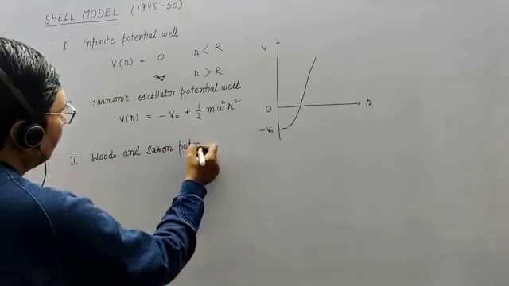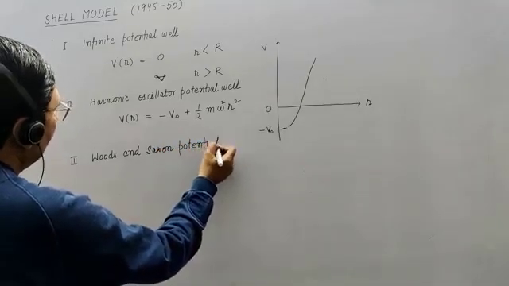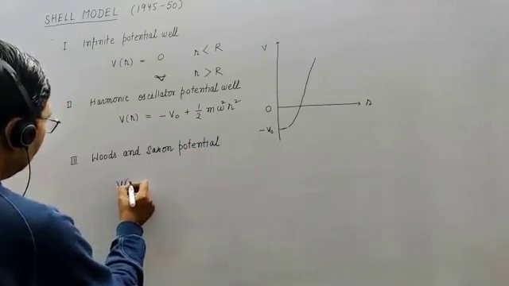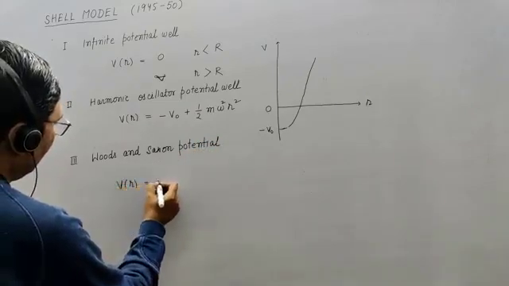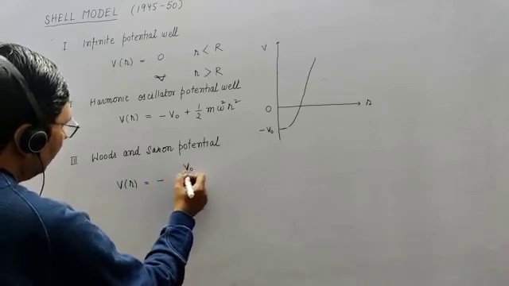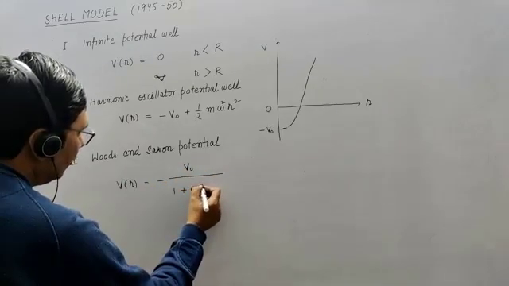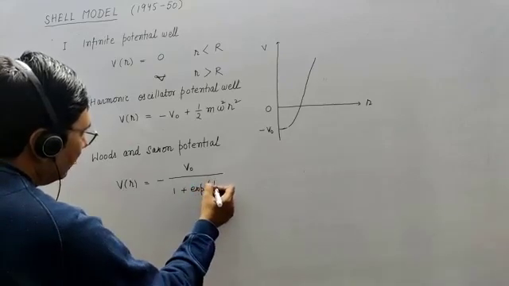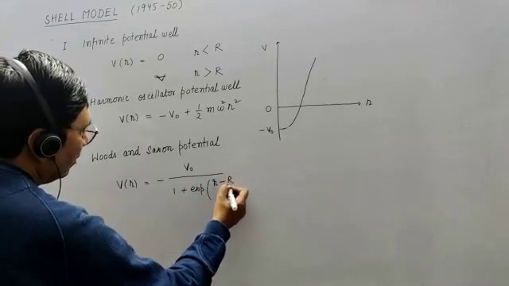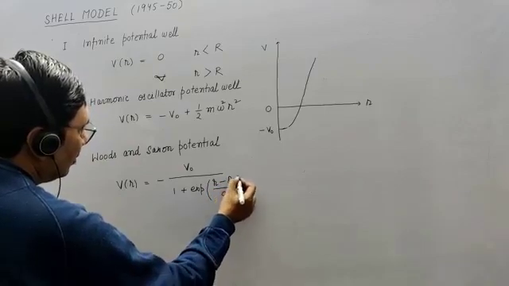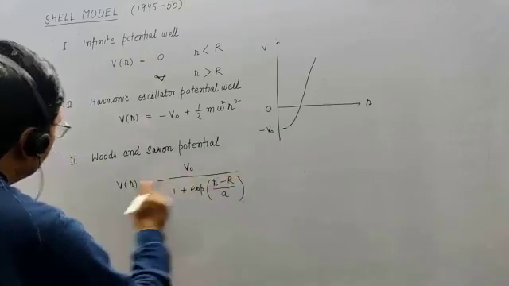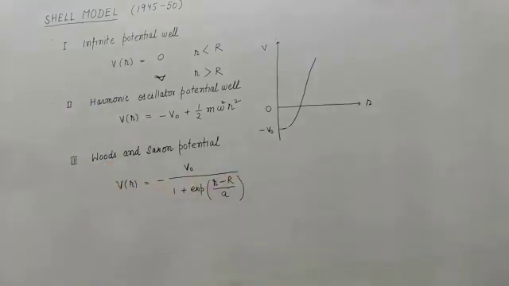Its profile was like this: V(r) is equal to minus V naught upon 1 plus exponential of (r minus R) upon a. This type of potential was chosen by these two scientists.